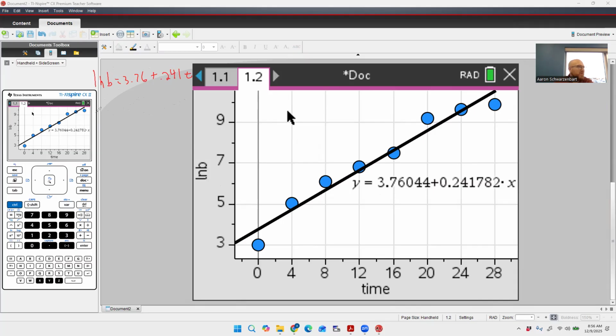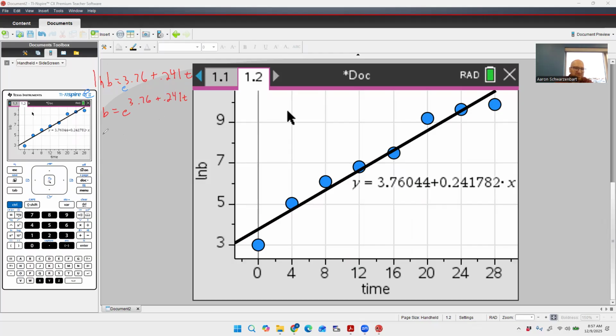Now I want it to be b equals. How do I undo an ln? Put it to the e, like base e. I could have done this with a base 10 log too, and then I'd use base 10. So this becomes b, and that becomes that whole thing.